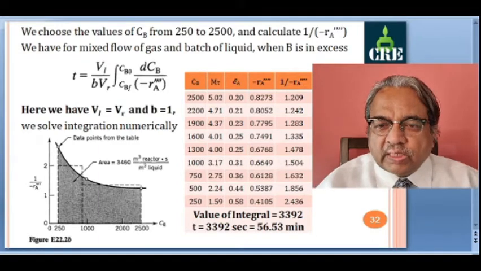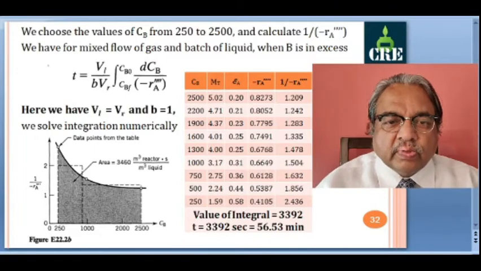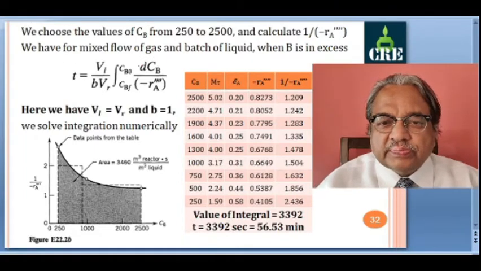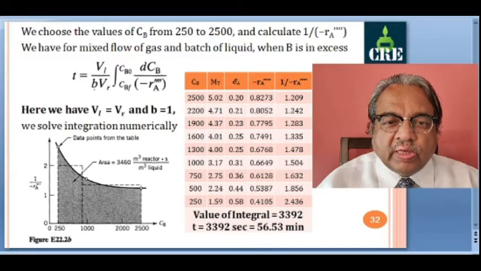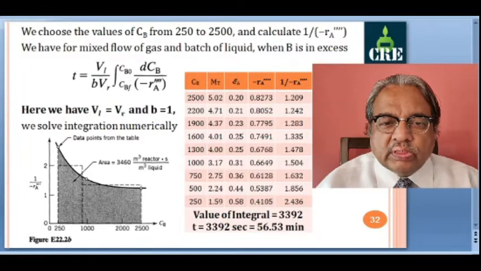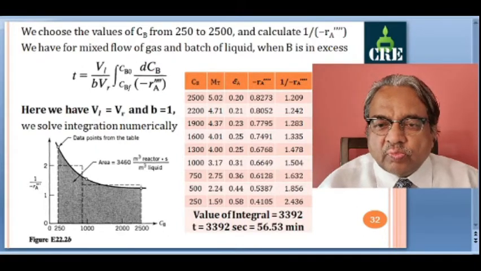1 upon minus RA triple prime we calculate, and so mixed flow of gas and batch of liquid, B is in excess, so T is equal to VL by VR. Stoichiometric coefficient of B, here it is 1. CBF to CB0 dCB by minus RA triple prime. So integral y dx, where y is 1 upon minus RA.